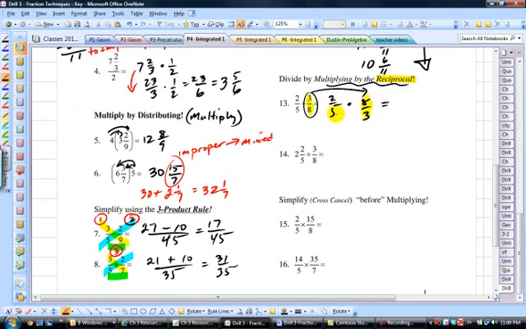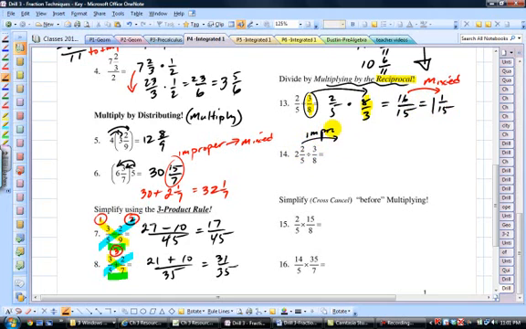I don't. 8/5 and 2/3 can't be simplified, so go ahead and multiply. 2 times 8 is 16. 5 times 3 is 15. And then, once more, just like we always have done before, go to mixed, and you get 1, because 15 divides into 16 one time with 1 remaining, so 1 and 1/15. When it's improper, you got to change to mixed.